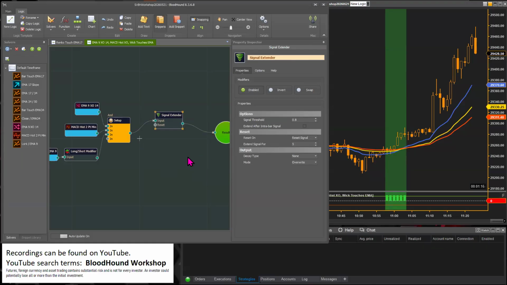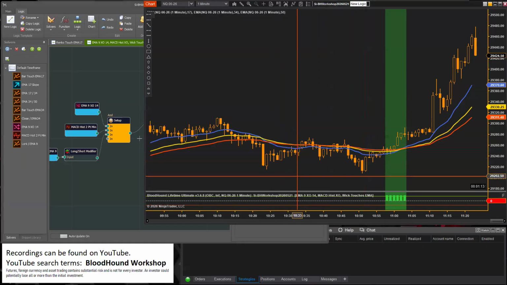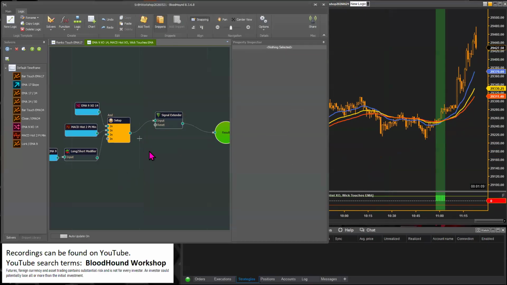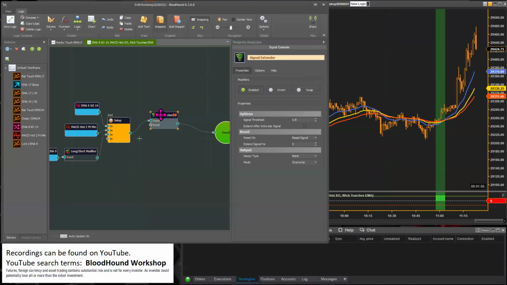The way I'm going to get these continuous signals here is I'm going to have to just use a signal extender here.